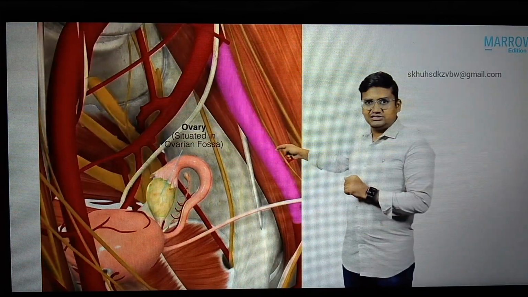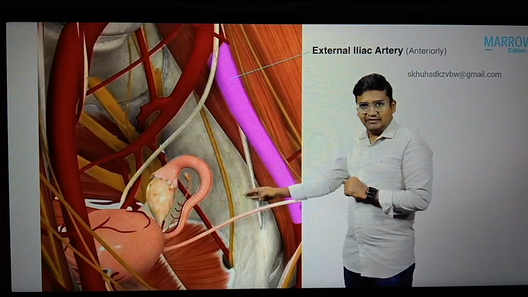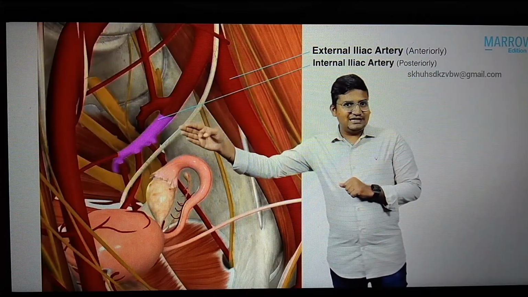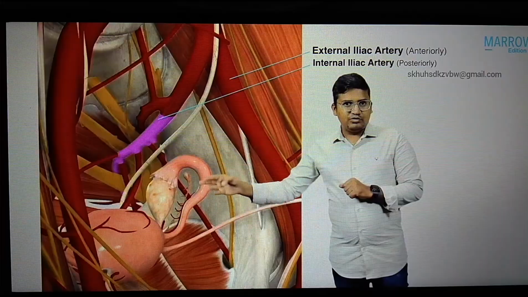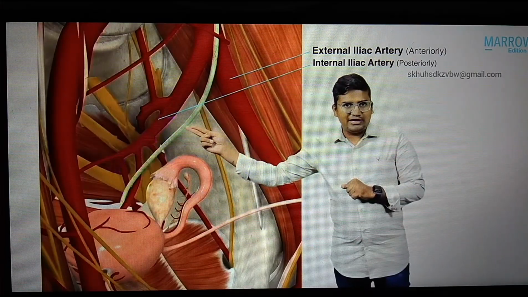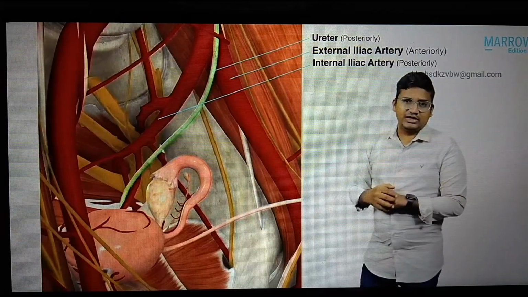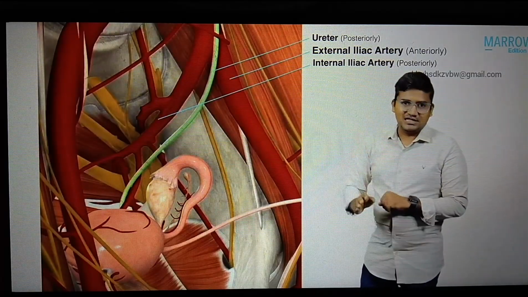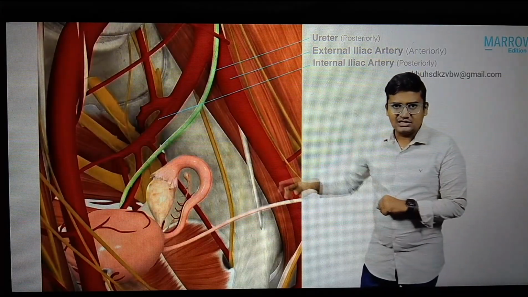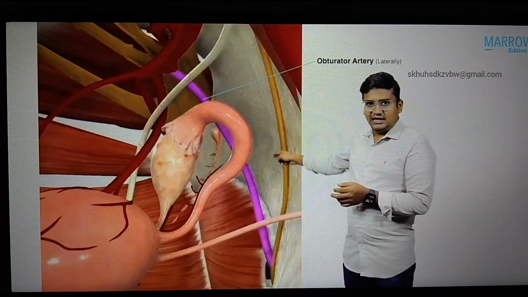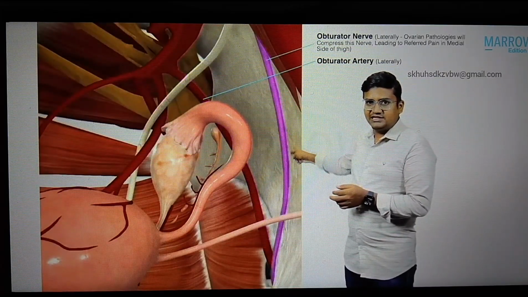This is our external iliac vessel in front of the ovary, and behind the ovary, you are seeing the internal iliac vessel. Behind the ovary, you are also seeing one more tube, that is our ureter. Now in the lateral wall of the ovary, you are seeing the vessels and the nerves. Those are our obturator vessels and the obturator nerve.